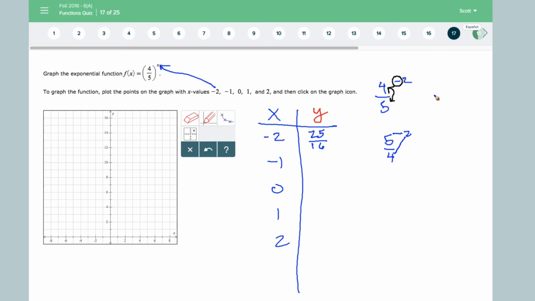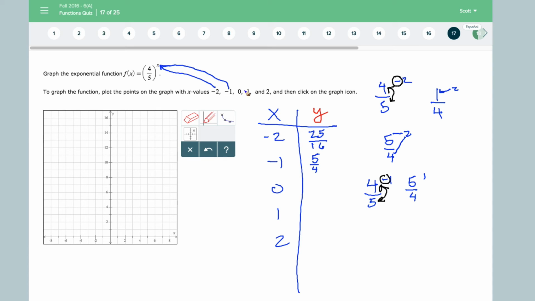Okay, and we did it with the other ones. When I had like 1 over 4 squared, same thing. 1 squared is 1. That's why I didn't do much there, because I knew in my head that 1 squared was 1. Okay, now negative 1. Let's do that. We have 4 over 5 to the negative 1 power. Now that negative 1, again, means that we're flipping the fraction upside down, which gives us 5 over 4 to the 1 power, and anything to the 1 power is itself, so that gives us 5 over 4.